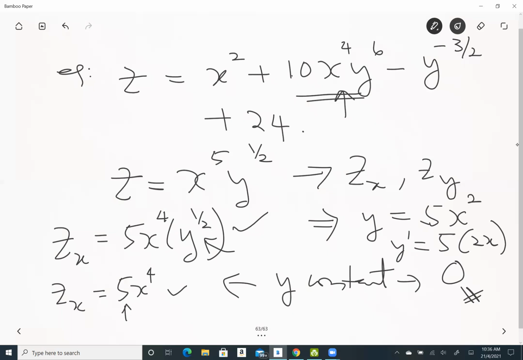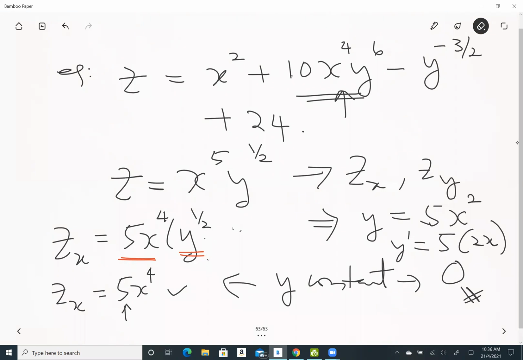Okay, so it is not gone. It will be there. So the derivative will be 5x to the power of 4 multiplied by y to the power of half. Y to the power of half will not be gone. It will be there because y to the power of half is a constant. So we keep it like that.